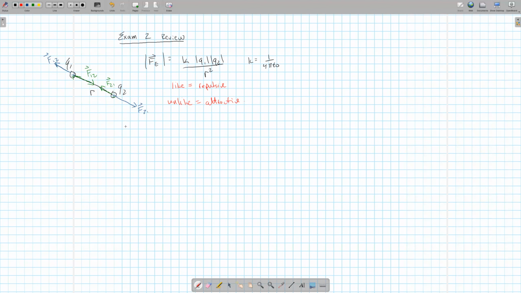If I have more than two charges, we then have to use the superposition principle, which says that the force on the ith particle is simply equal to the sum over j, where j is not equal to i, of the force on the ith particle by the jth particle. This is just a vector sum over all of the different individual forces between the pairs.